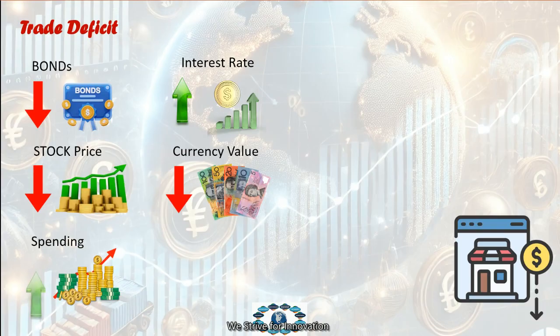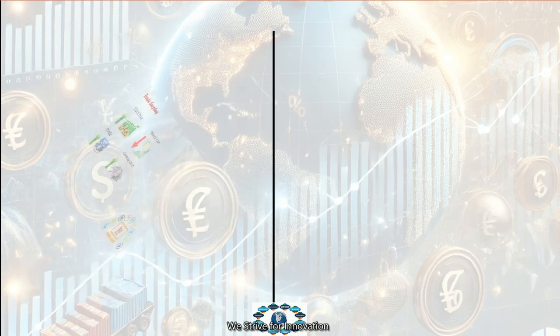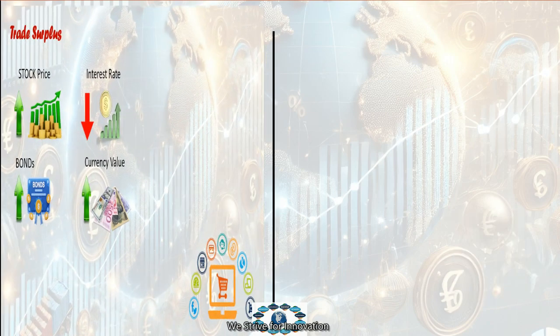So this is a glance of the effect of the trade surplus and of course the trade deficit. And here is a picture side by side for those aspects that are affected by the trade that you can visualize.